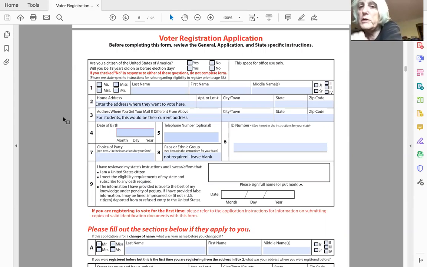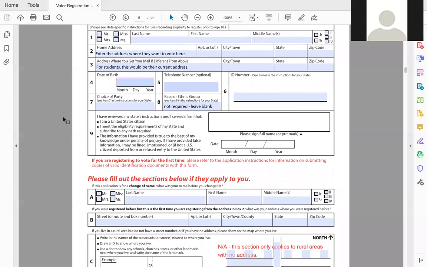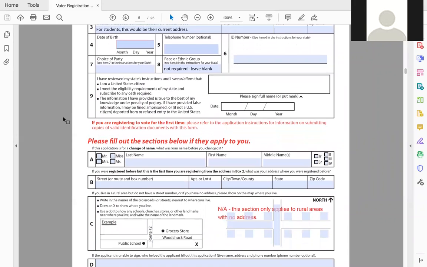So even though they don't receive mail at that home address, that is their physical address. And that's the way it is in St. George too. Good question.